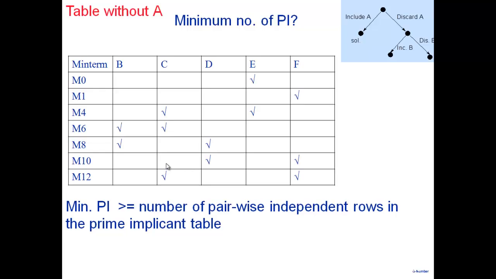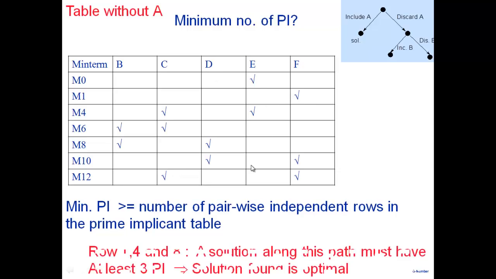All right. So which rows are pairwise independent? If you compare M0 and M1. So note that rows 1, 4 and 8 are pairwise independent. Row 1 and 4 and 8.